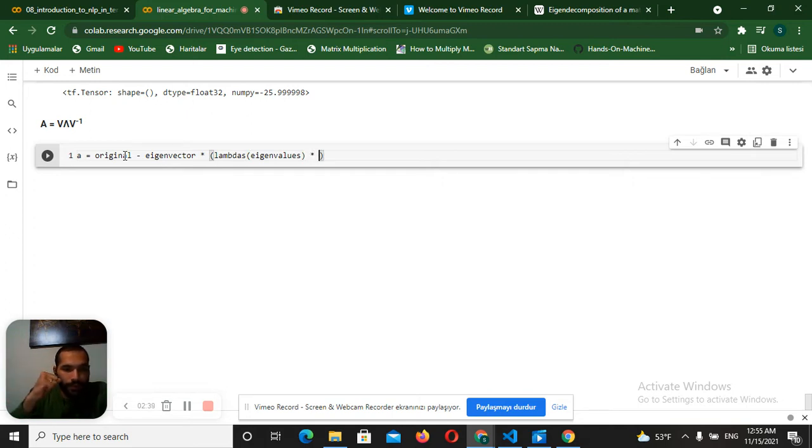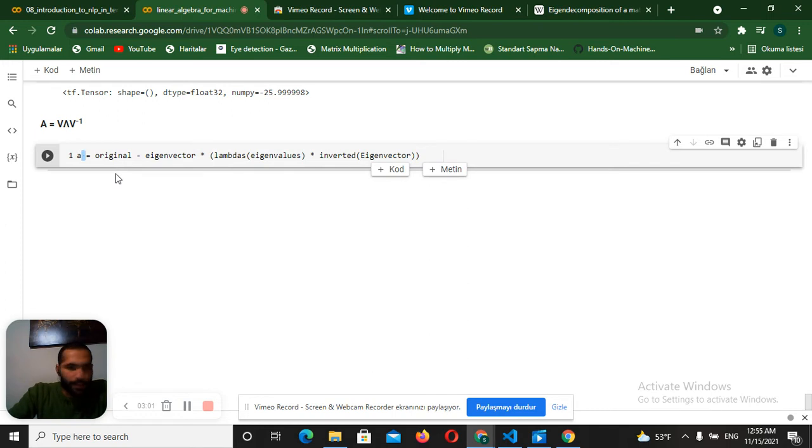And we will say lambdas times, what do you think? The inverted eigenvector. How can we do that? Just think about that. This we will say the inverted eigenvector, and this equals the A matrix.